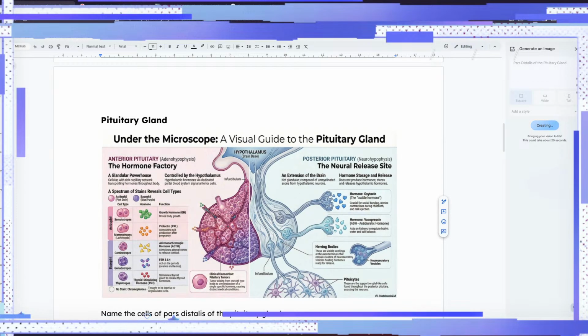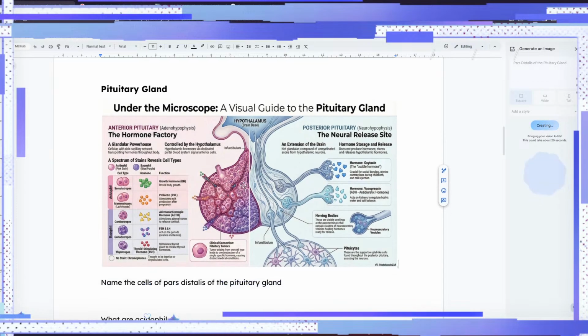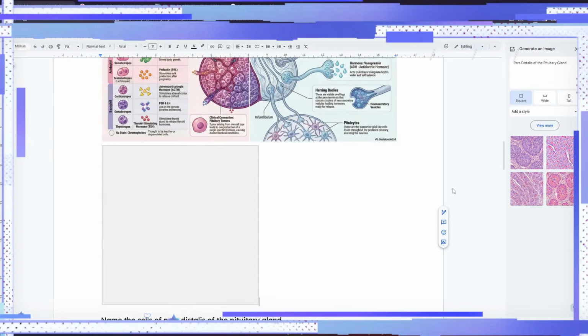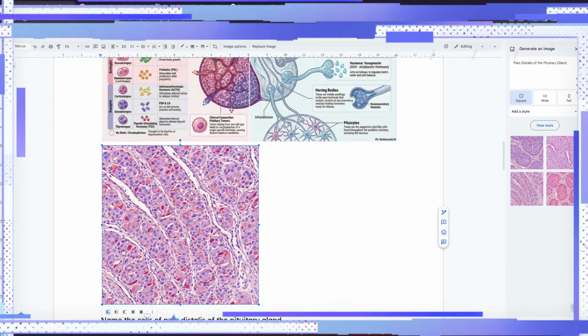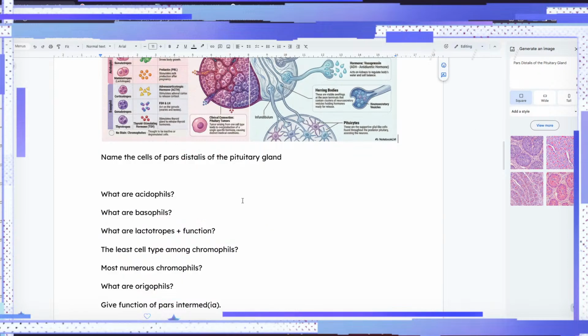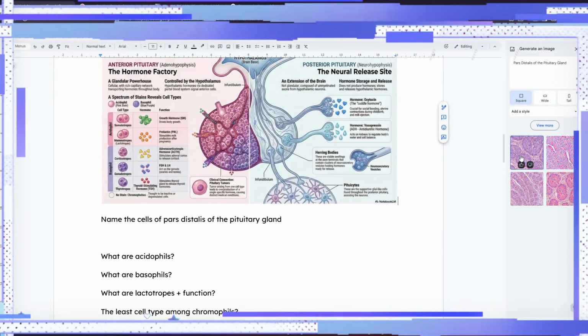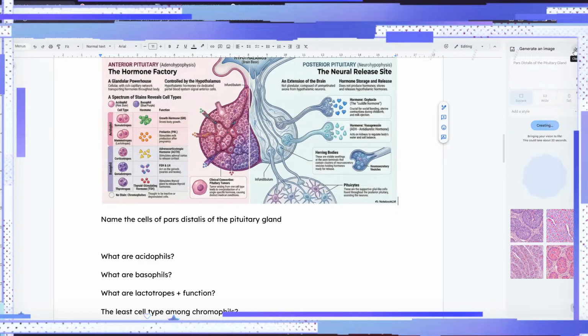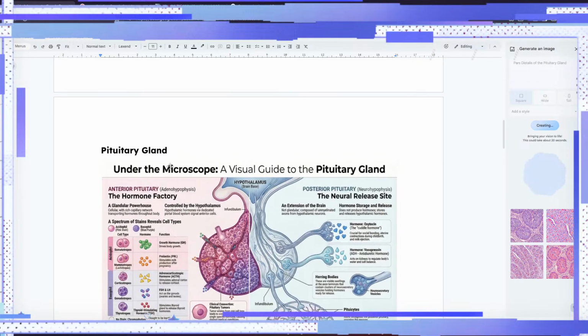Okay, let's see what it made. Now that's interesting. This is AI generated, which is not good. You can't be making those things. Anyhow, we're answering questions, right?